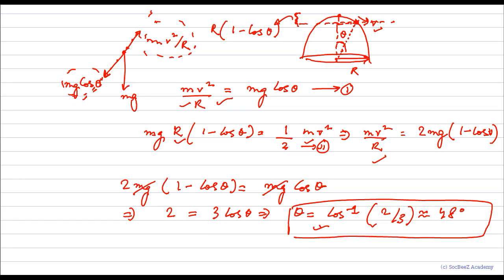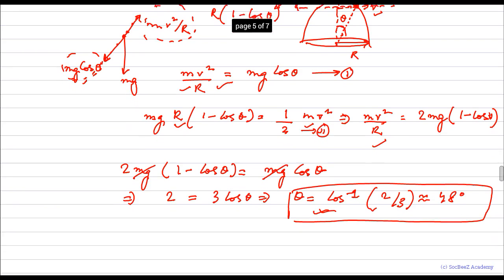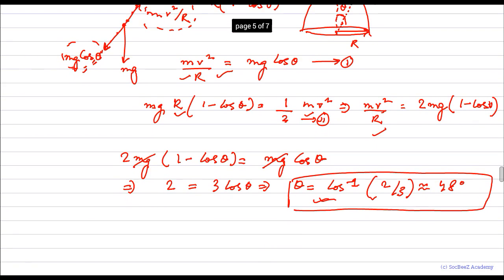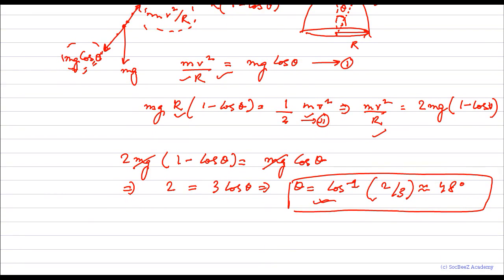So this is going to be the angle at which the body is going to break off from the surface of the sphere. I needed to find out the velocity of the body as it loses its contact.